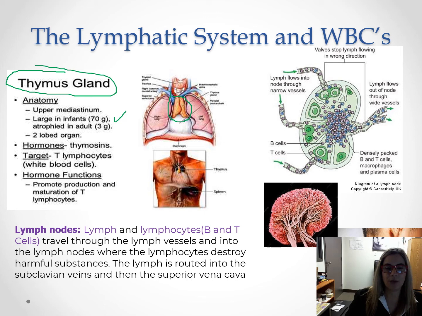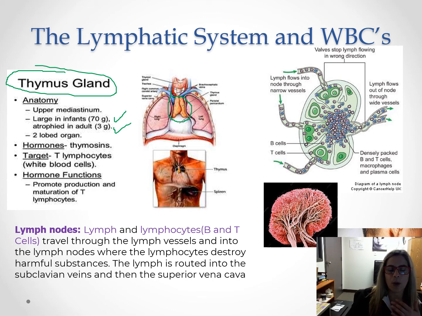Okay, notice it has a mass of about 70 grams, but once puberty is reached and then continuing into adulthood, it atrophies, and by the time a person is elderly, it is just a very small lump of fatty tissue. Notice that in adulthood, it goes all the way down to 3 grams. The reason for that is because your thymus is very, very active when you're little because it's producing different types of lymphocytes.